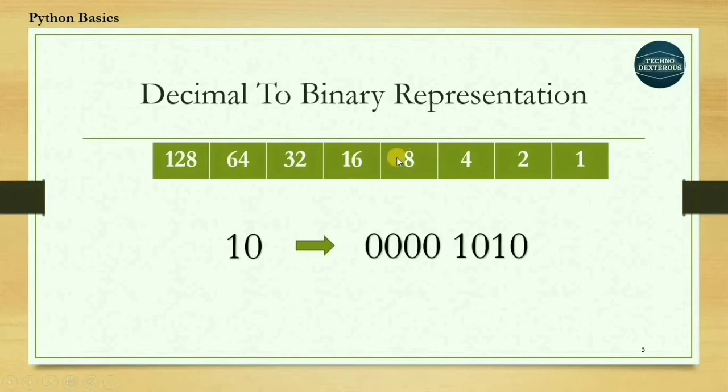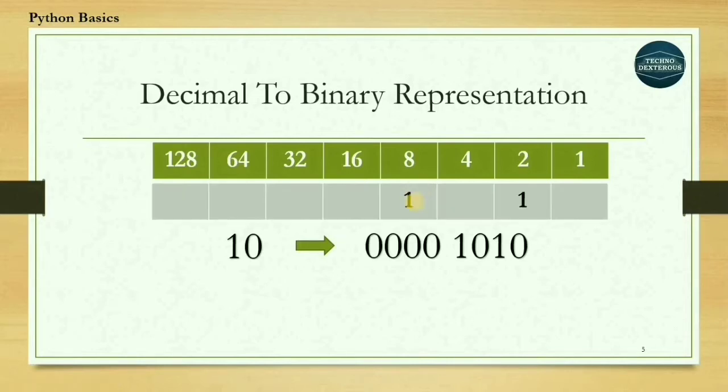Then we add the rest of the numbers to make the sum exactly equal to 10. What number will be added to get the sum exactly equal to 10? That is 2. So we can exactly represent 10 by using two numbers, 8 and 2. That's why we use one flag for 8 and 2.